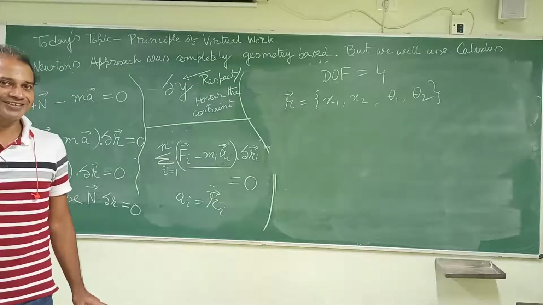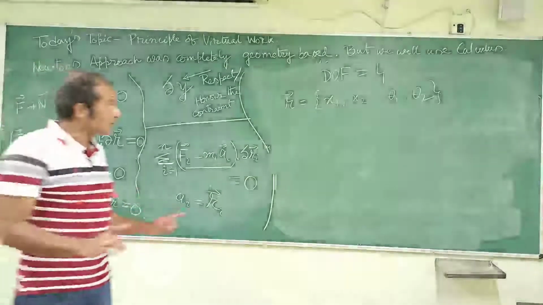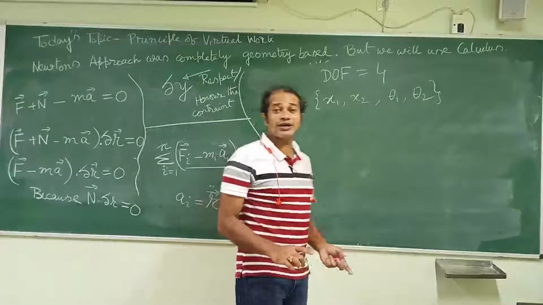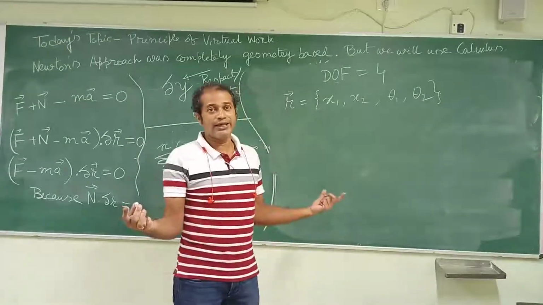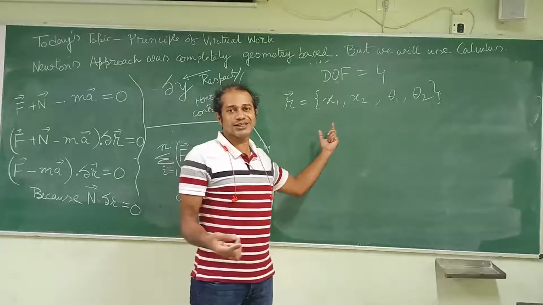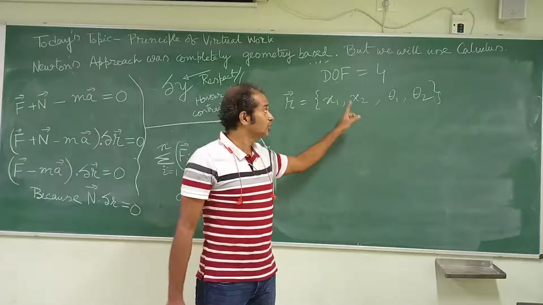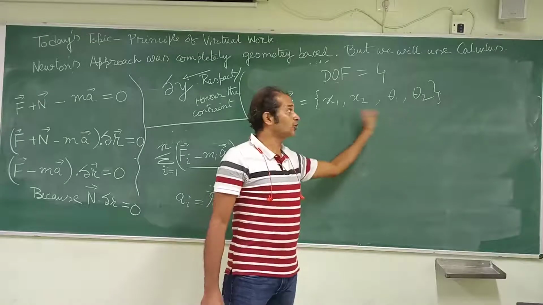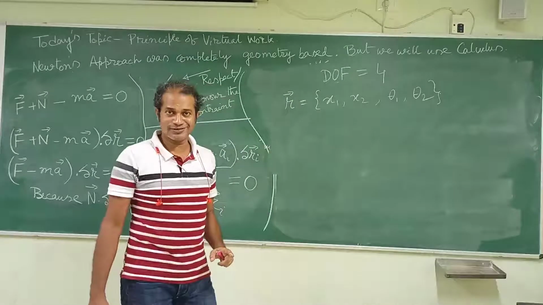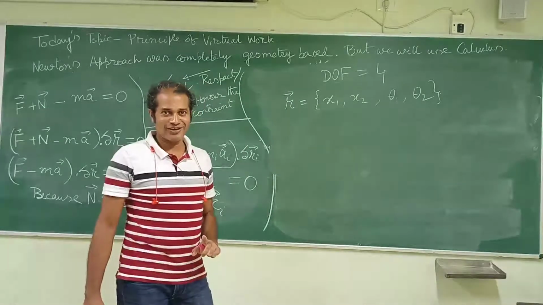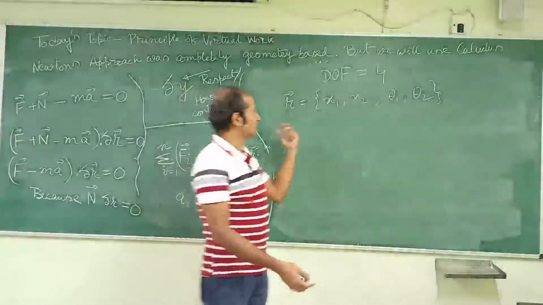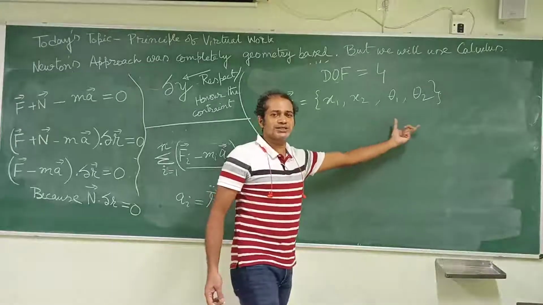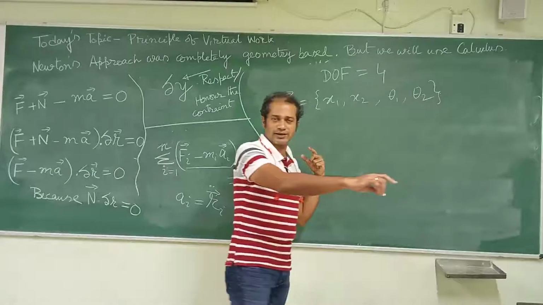Are you understanding? Now instead of that, if you are going to use any coordinate system other than the generalized coordinates or the degrees of freedom coordinates, look over here, I have used only 4. All these 4 coordinates are linearly independent. But there could be others, let's say x1, y1, z1, there are 6 such things.